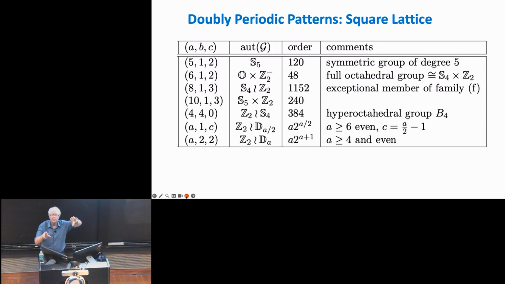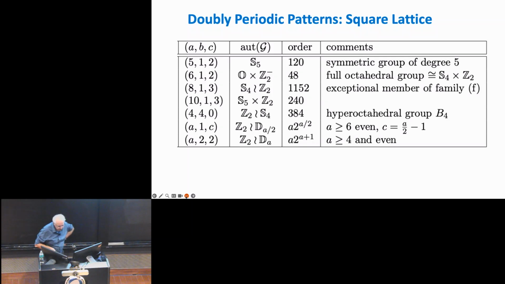It won't inherit the rotations, but the translational symmetries will certainly be there, and some of the rotations might still be there. And usually that's all you get. So usually the symmetry group of that quotient torus is predictable from a suitable subgroup of the symmetry group of the original torus. And those are the ones where nothing really interesting happens.